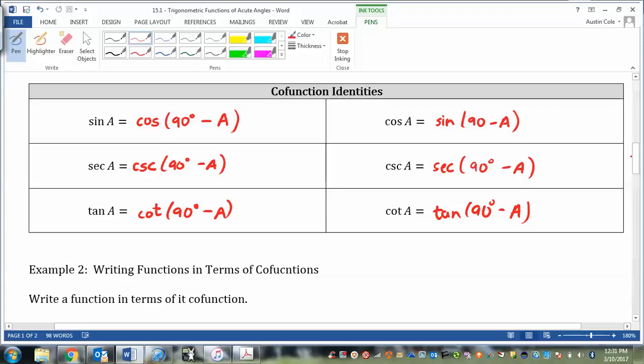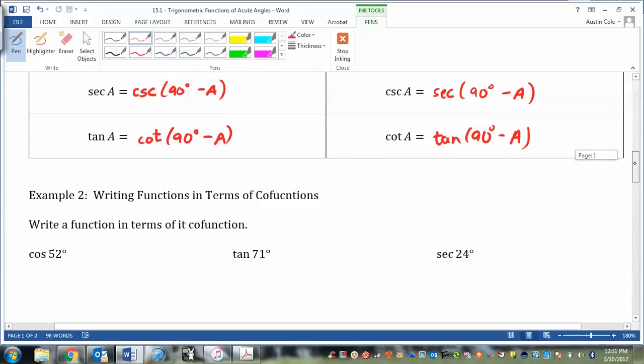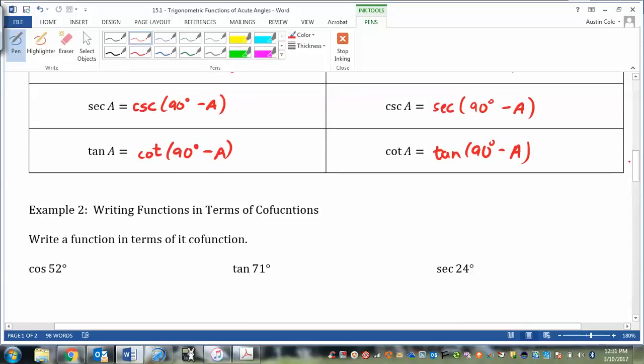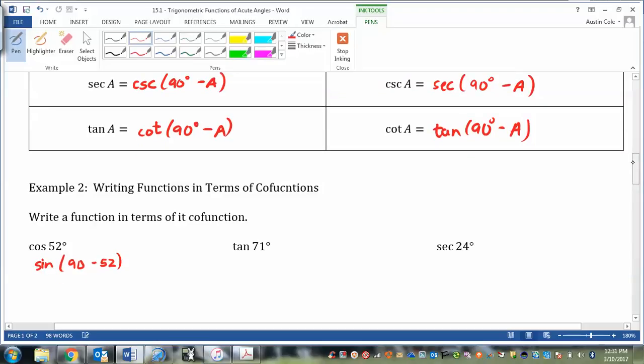So what is the cofunction of sine? Cosine. So I know that the cosine of 52 degrees is going to be the same thing as the sine of 90 minus 52. What is that? 38.